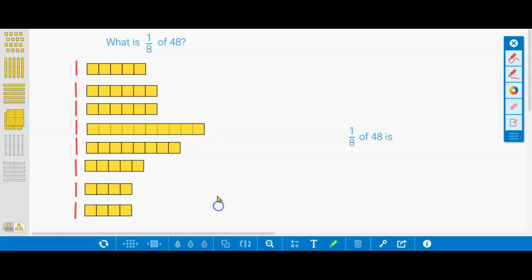And starting to get there. Just take them away from the long rows and put them onto the short rows until they're all even.